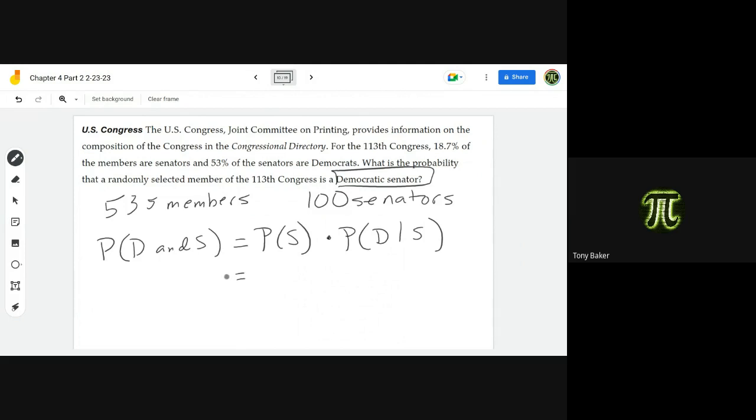So what's the probability that they're a senator? Or what's the percent? Yep, the 0.187. And what's the probability that they're a Democrat given they are a senator? That's the 53%.